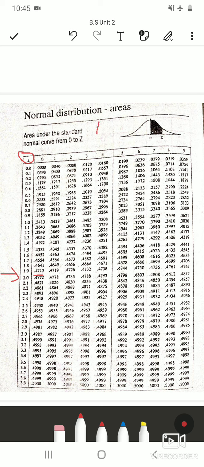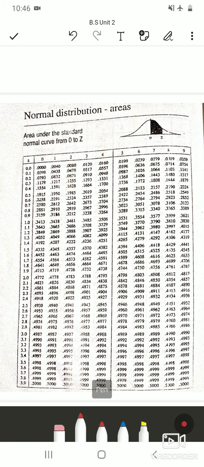Suppose you want z as 1.94, then under 1.9 and here under 4, the value is 0.4738. Suppose it was 1.55, then 1.5 under 5. So this is how you read this table. I hope this point is clear.